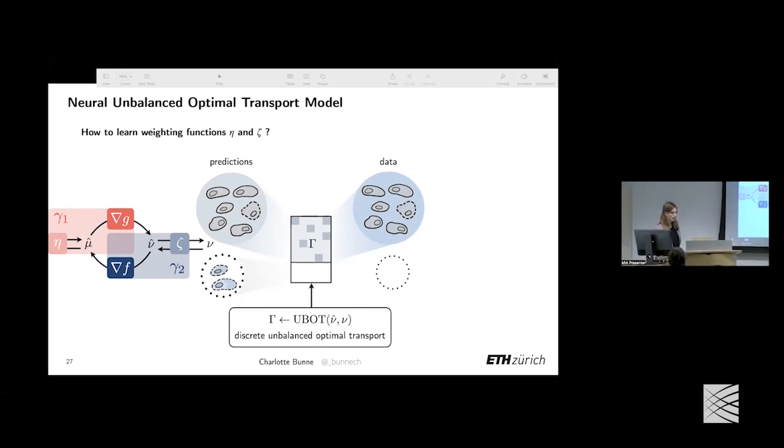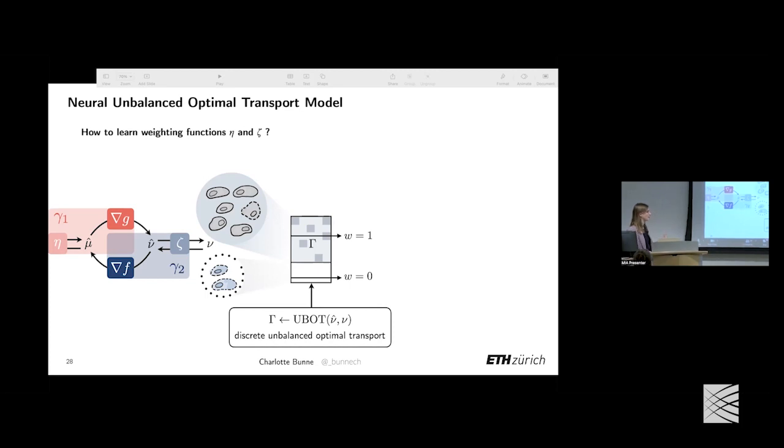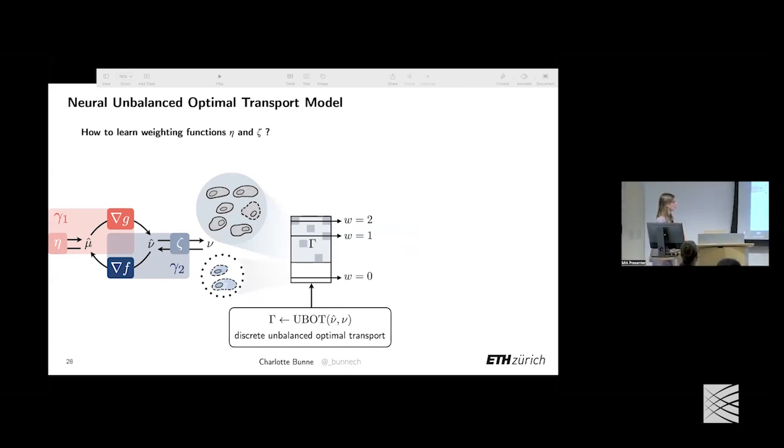If I now sum over the rows, for those cells which are just perturbed, I get on average a weight of 1. For those cells which have died, there's no mass transported, so it sums to 0. And for those cells which have grown, it's larger than 1, so close to 2.